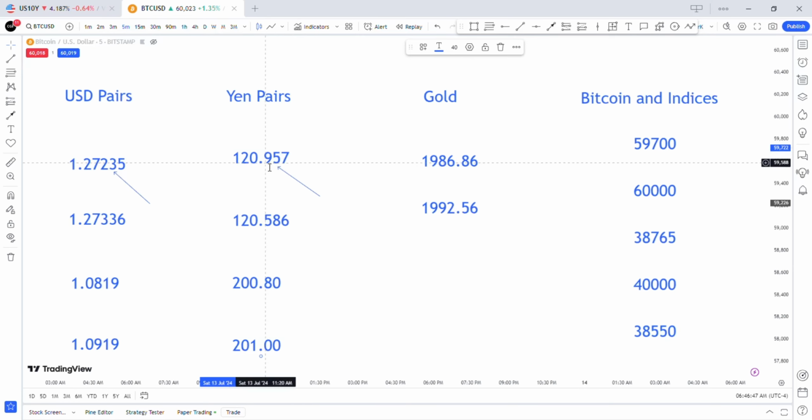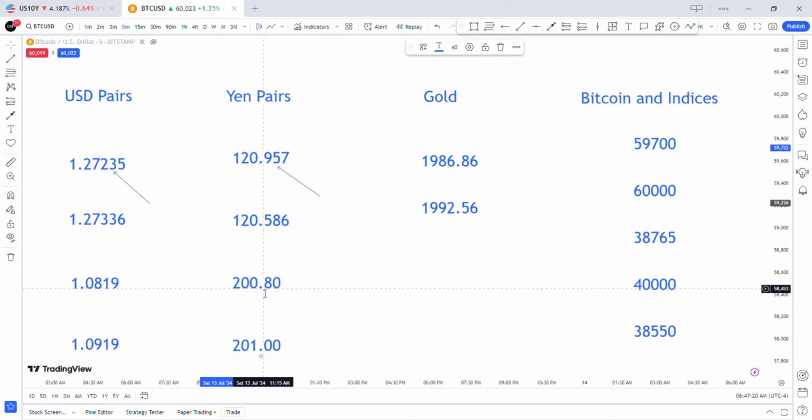Let's just use 95, since this is the actual pip here. 95 minus 58 is going to give us 37, pardon me. 37 pips is the difference between these two, with one pipette. If you're calculating, just do the same thing: your amount over the number of pips times 10. That will give you the lot size you're supposed to use.